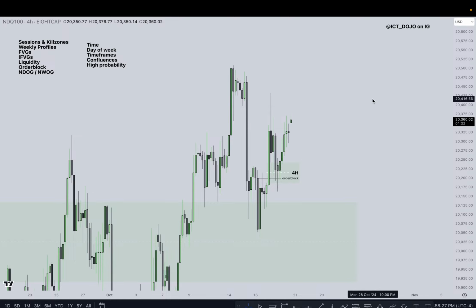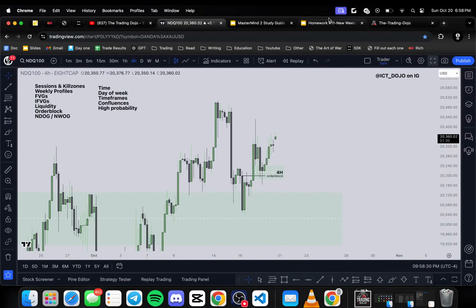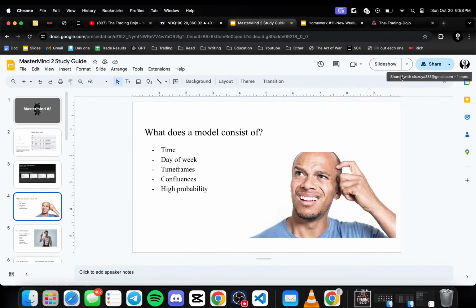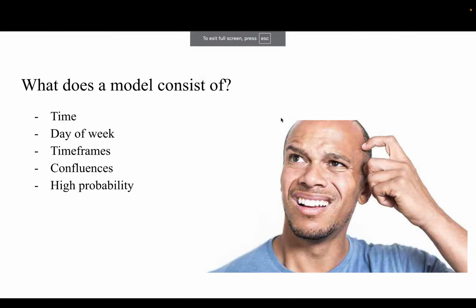Okay, let's get started. So the first thing that I wanted to cover: what does a model actually consist of? This is probably you guys right now, all confused, scratching your forehead, because you've begun studying and now that you've learned some of the concepts, you're struggling to figure out exactly how they work. And that just means that you weren't paying attention to the right thing when you were studying.